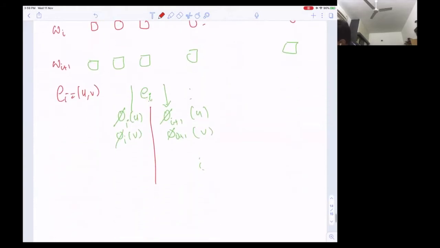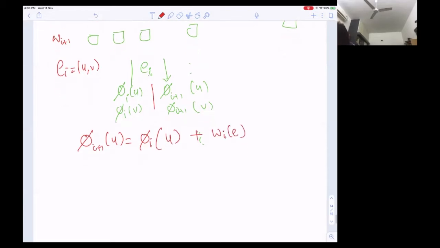So basically, phi I plus 1 of U is phi I of U plus Wi of E. Similarly, phi I plus 1 of V is equal to phi I of V plus Wi of E. The rest of the phi's remain the same.